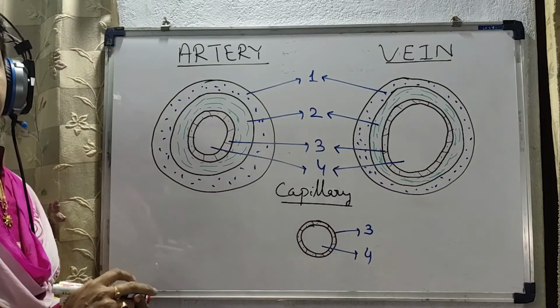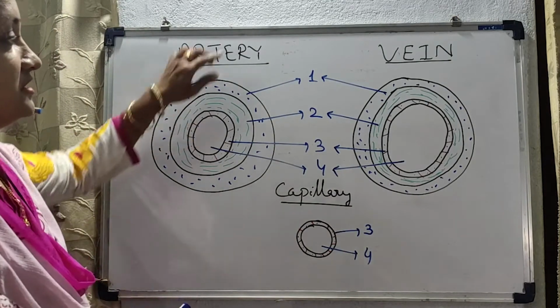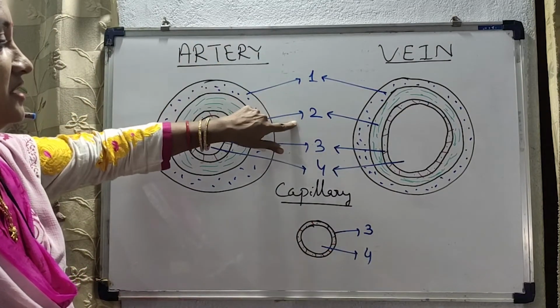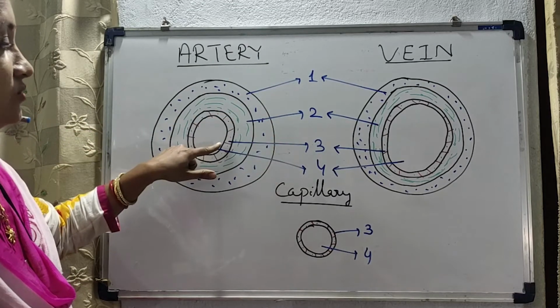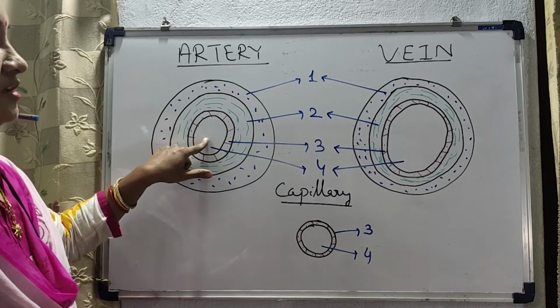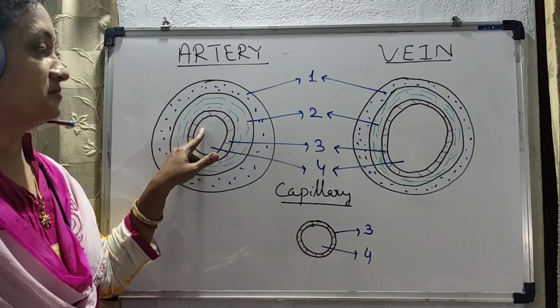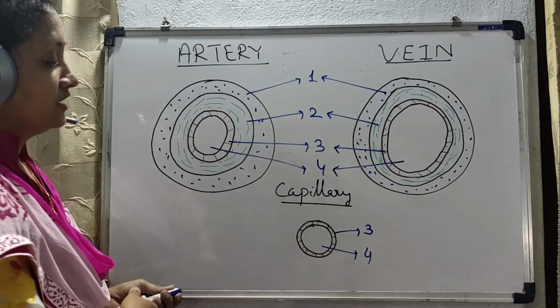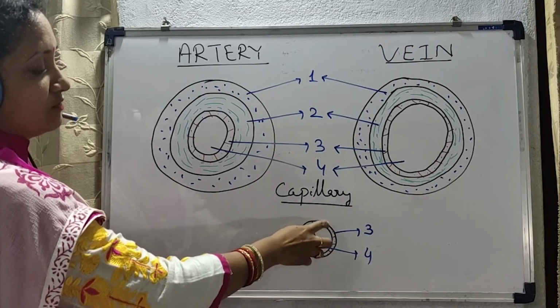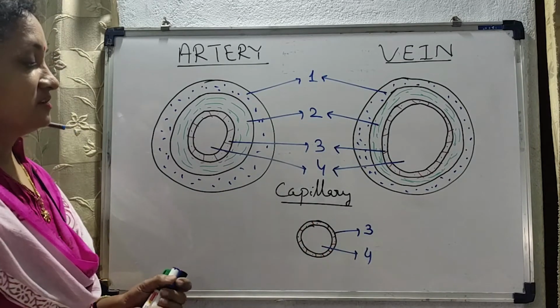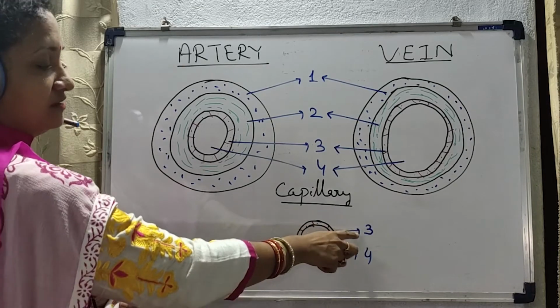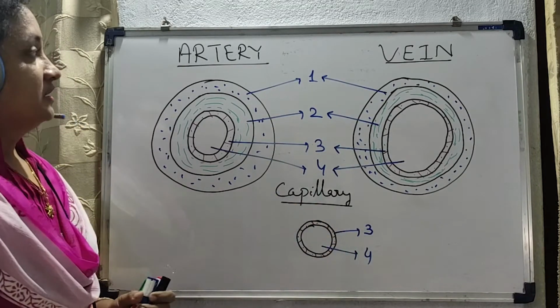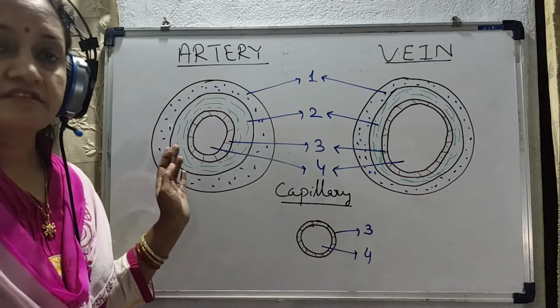I have drawn here the outer layer, middle layer and the innermost layer, then the inner cavity, the hollow cavity of the artery, the hollow cavity of the vein and the hollow cavity of the capillary. The wall of the capillary is thin because it is made up of only the third layer, the innermost layer. So let us know in detail about these structures.